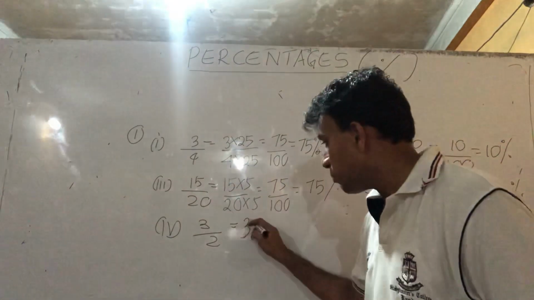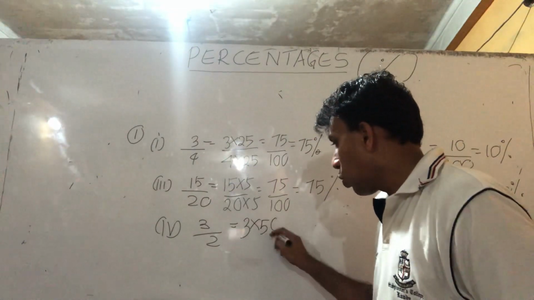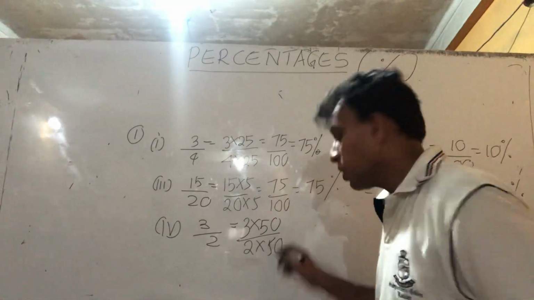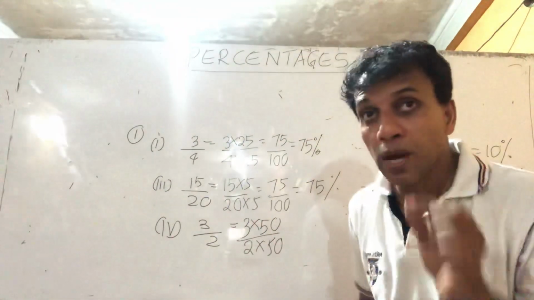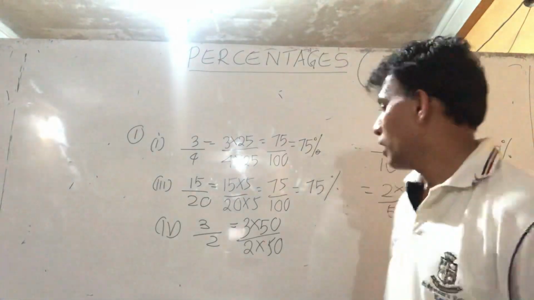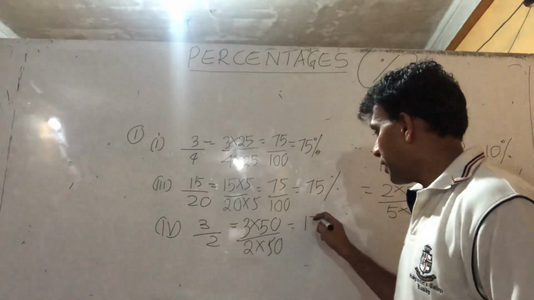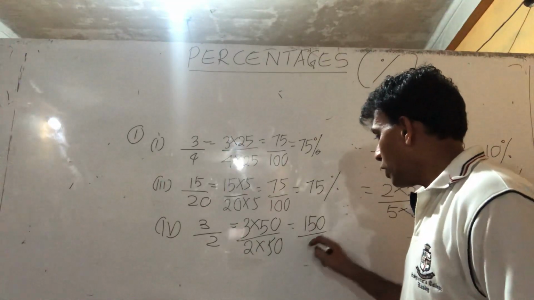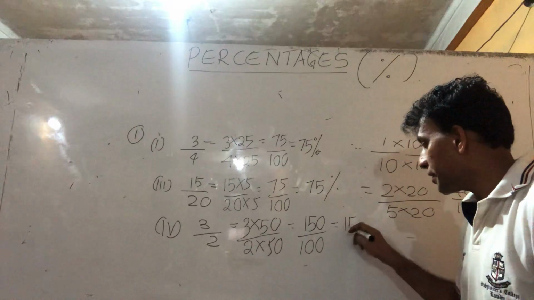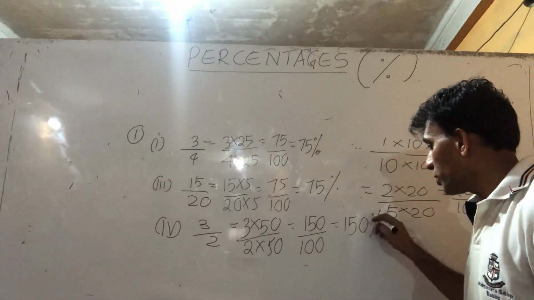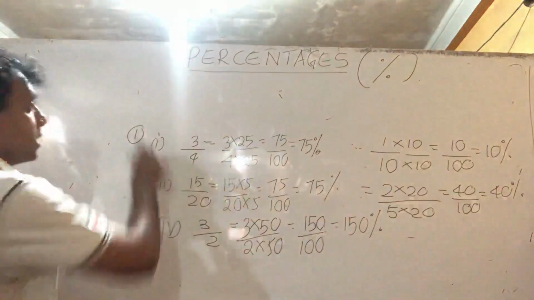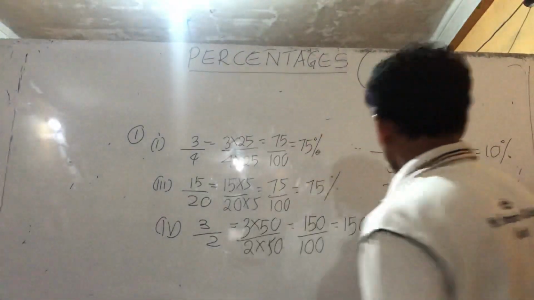Therefore 3 multiply by 50, also below 2 multiply by 50. Up and down the same number multiplied. That's called equivalent fractions, right? There is the answer, 150 below 100. So what is that? 150%, a big number, more than 100, a big value, right? It can be any value, no problem.